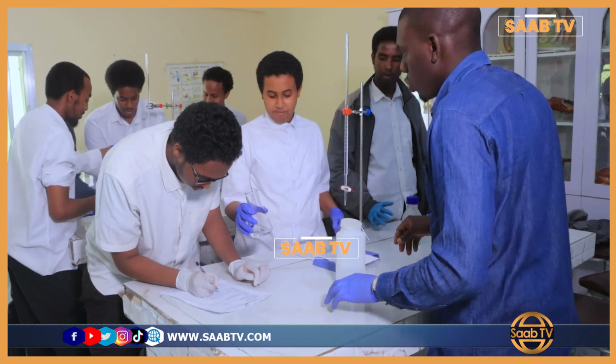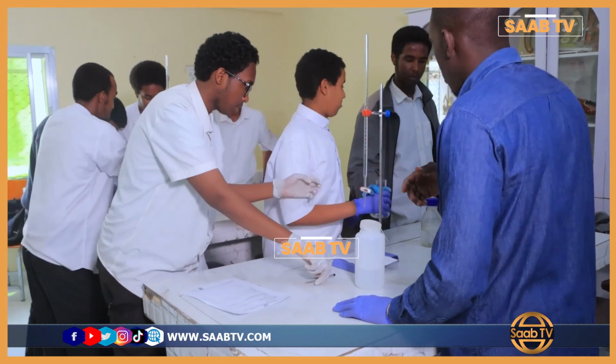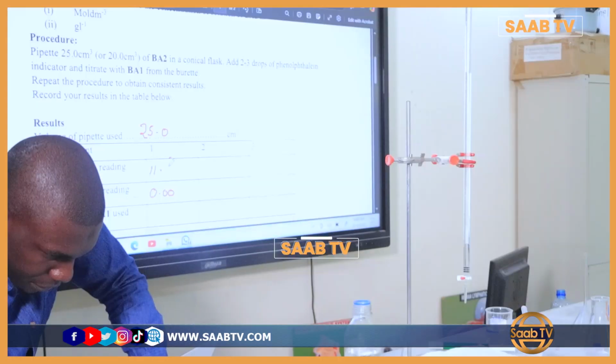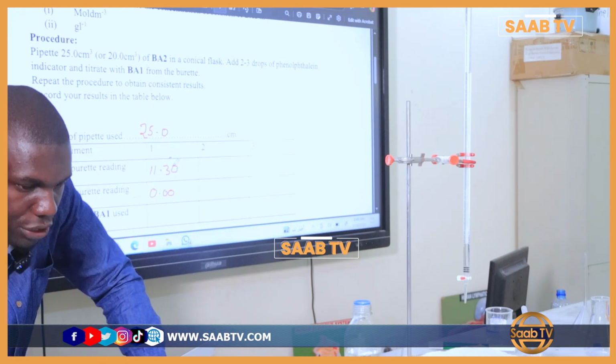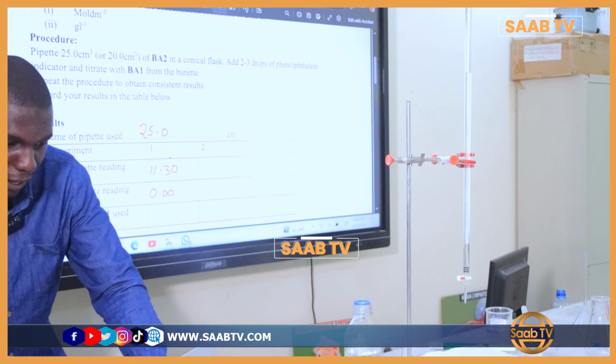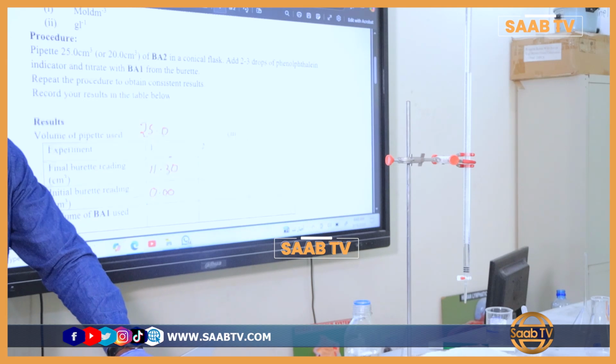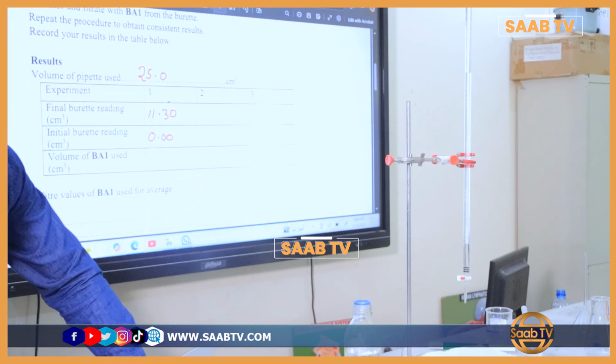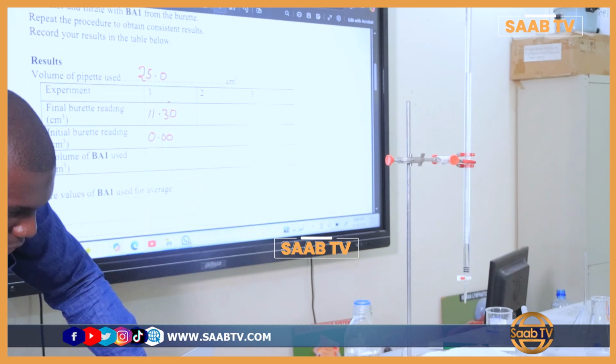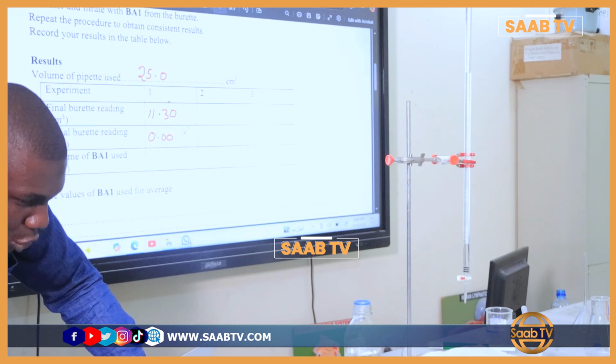So we have 11.30. That is the final burette reading. Then how do we get the volume of the acid used? Subtract, very good. So what is 11.30, the final, minus 0.00? 11.30, very good.